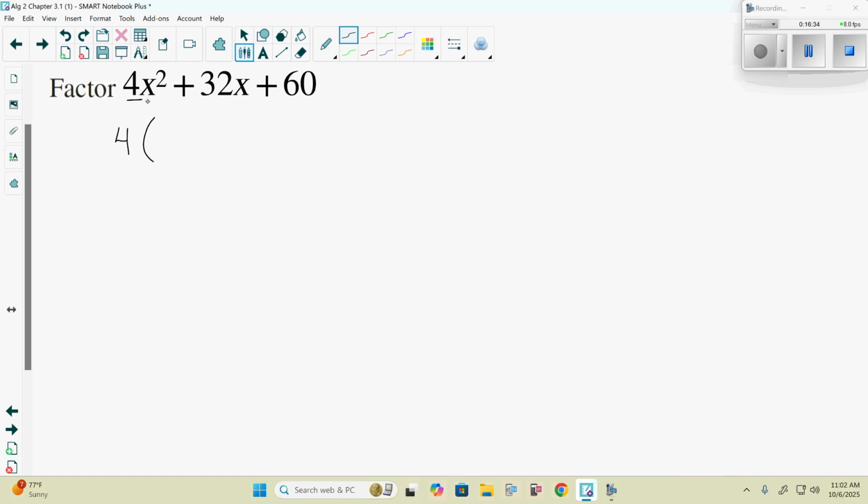And we're going to divide it out of all three. We're going to simplify it out. Because if I factor out 4 from 4x squared, we're left with x squared. Now, since 4x squared, our first term, was positive, we're not going to worry about taking a negative out. But if I factor 4 out of 32x, 32 divided by 4 is 8x. And lastly, we can divide 4 out of 60 and get 15.